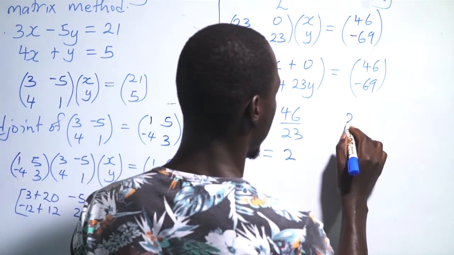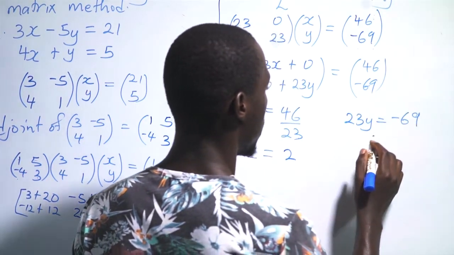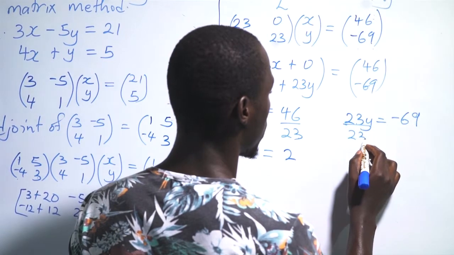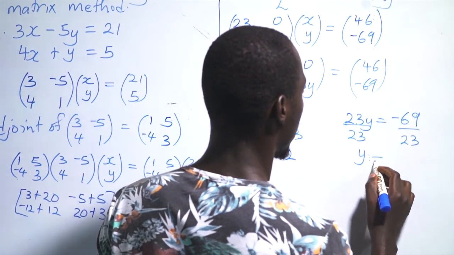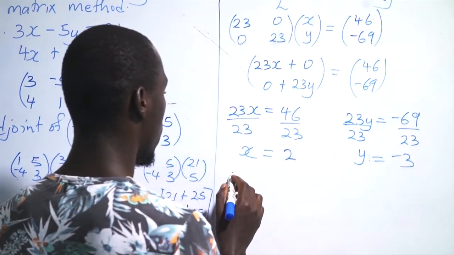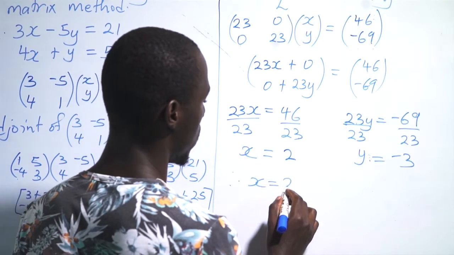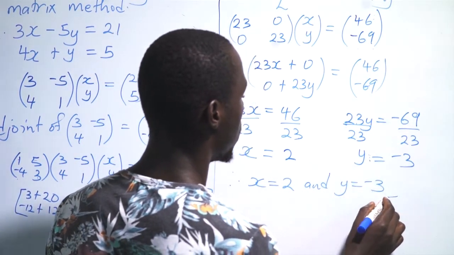The same applies there. The 23y is equivalent to negative 69. Then I divide both sides by 23. So y is equivalent to negative 3. Therefore, the x value is 2 and the y value is negative 3.